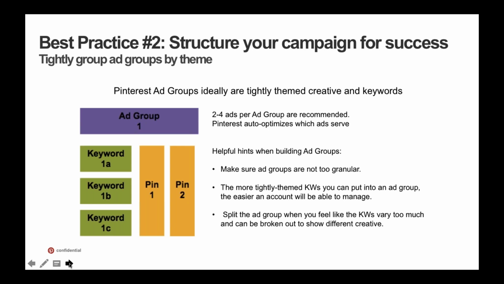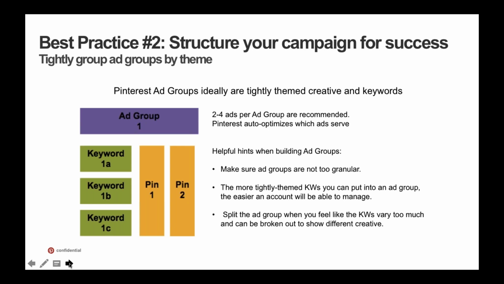If it doesn't, we're kind of back at our starting point. We don't really have any learnings. We don't know why it didn't resonate well with pinners. Whereas if you have at least 2 pins in your ad group, you can get some directional learnings. People definitely preferred pin 2 over pin 1. What were some nuances about pin 2 that would lead it to have a better performance? And then you can use those learnings to inform your creative strategy over time.